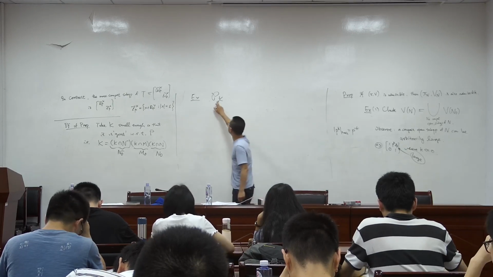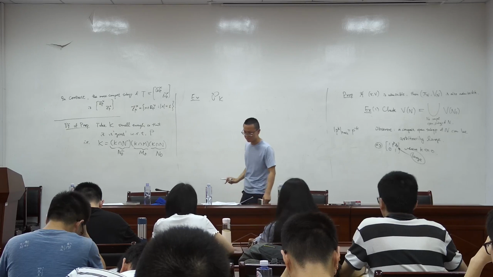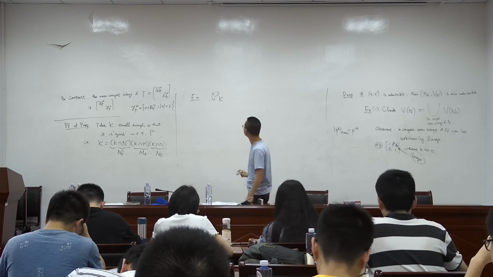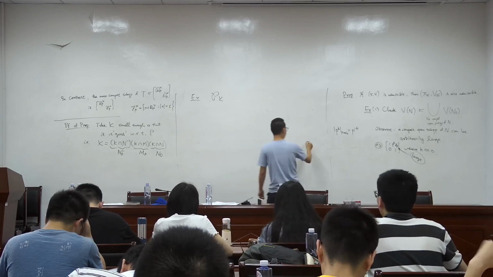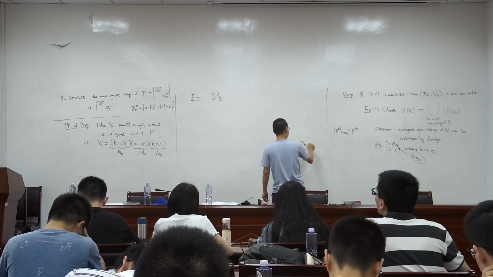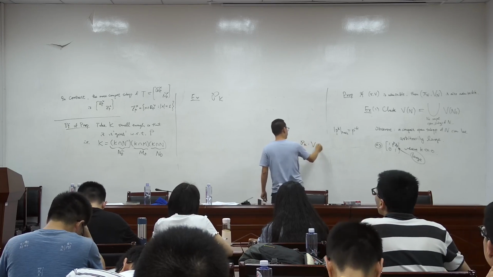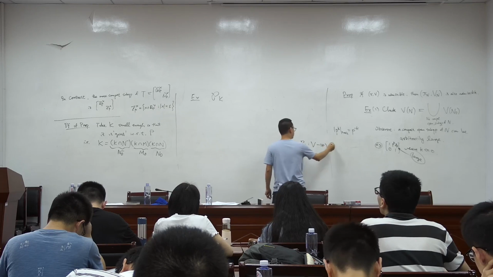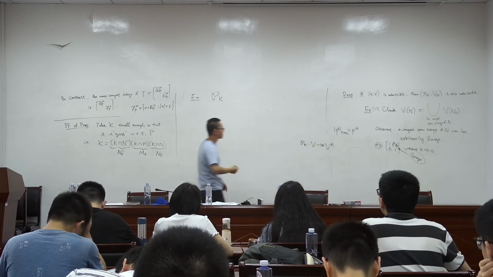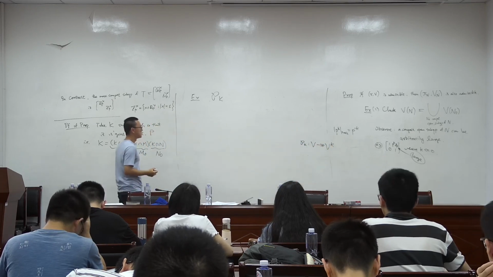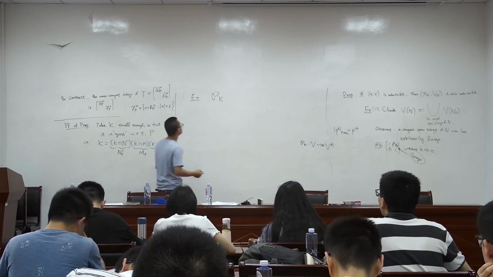So remember this map P_K. If you forget what it is, it is just the average map. It projects a vector to the K-fixed vectors.